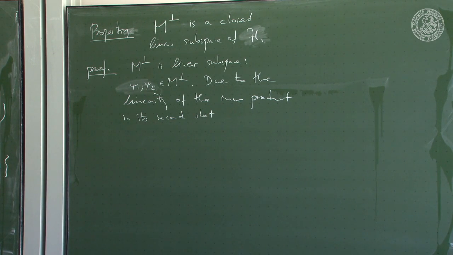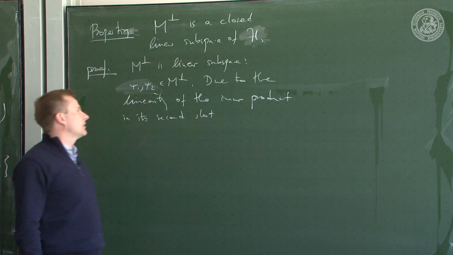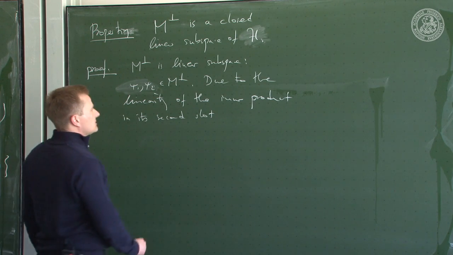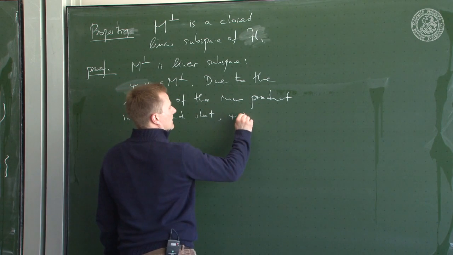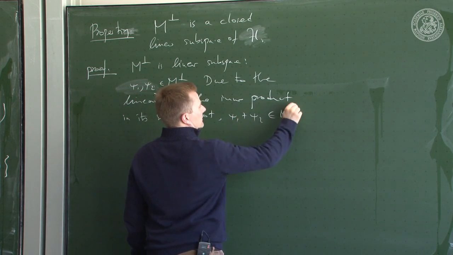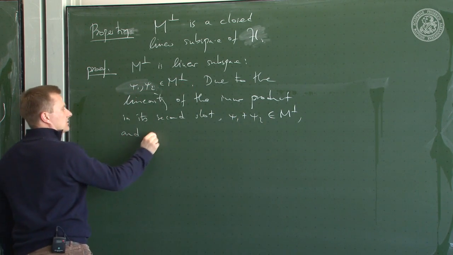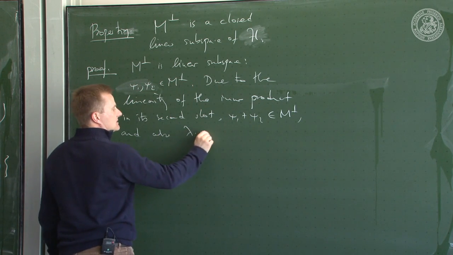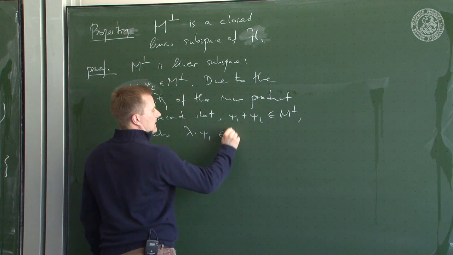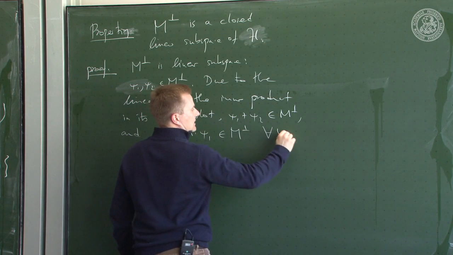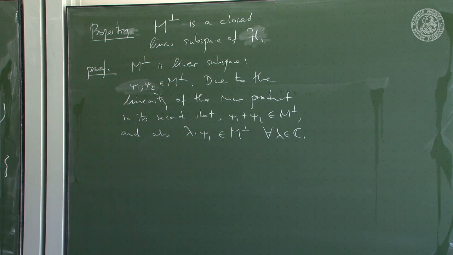If I had defined the psi in the first slot, you could switch it anyway, and then the complex conjugate of 0 is 0. Okay, but in its second slot, psi 1 plus psi 2 is also in the complement, and also lambda times psi 1 is an element of the complement for all lambda in the complex numbers. So that's trivial because this inner product is linear in its second slot.